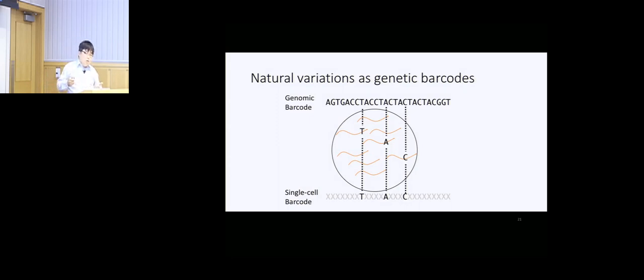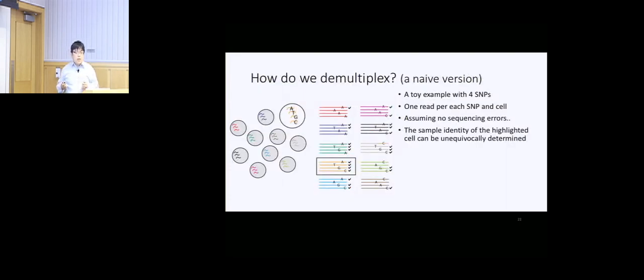So then you can use this genetic variant information to deconvolute the reads by each sample, using this genetic variation as a natural single cell barcode. Let's say you have 4 SNPs here, for example A, T, G, C, and there are a lot of different reads, each representing a droplet.